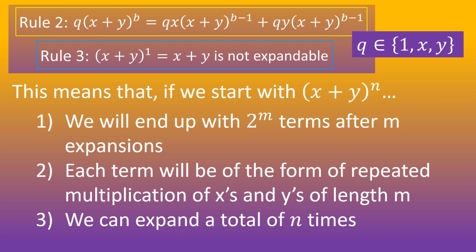Number 2 is that each term will be of the form of repeated multiplication of x's and y's of length m. So we can see that from rule 2. You have q multiplied by x, q multiplied by y, where for a power of 1, we only have 1 x or y, but for a power of 2, 3, 4, 5, we have 2, 3, 4, or 5 of x's and y's.